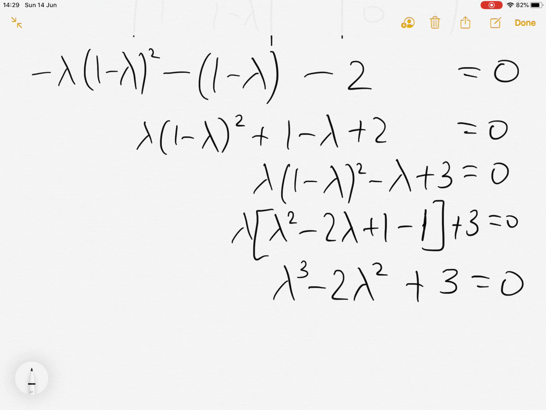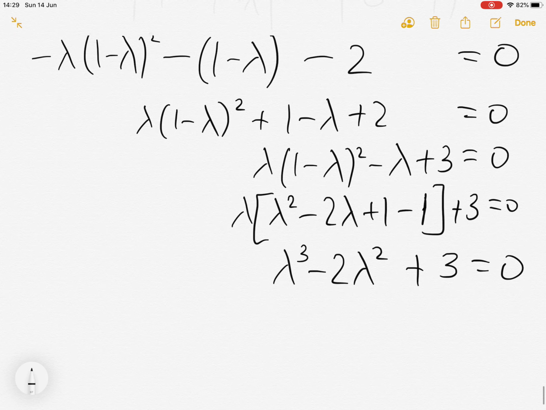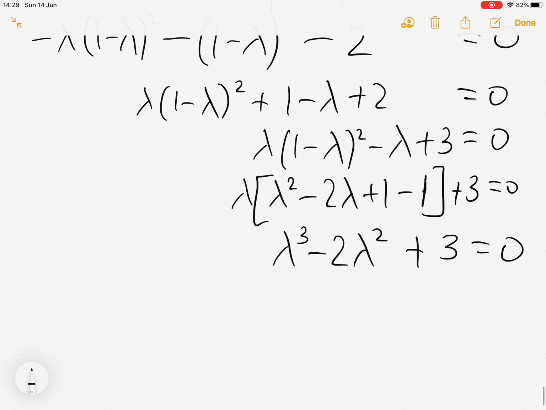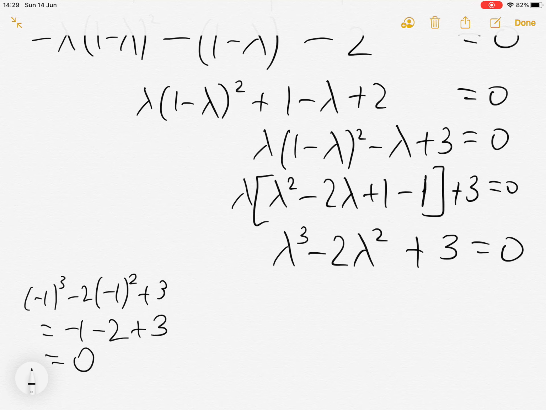And then, if we think a little bit, let's see, so if lambda is minus 1, I think that works, doesn't it? Because minus 1 cubed minus 2 times minus 1 squared plus 3 is minus 1 minus 2 plus 3, which is 0.